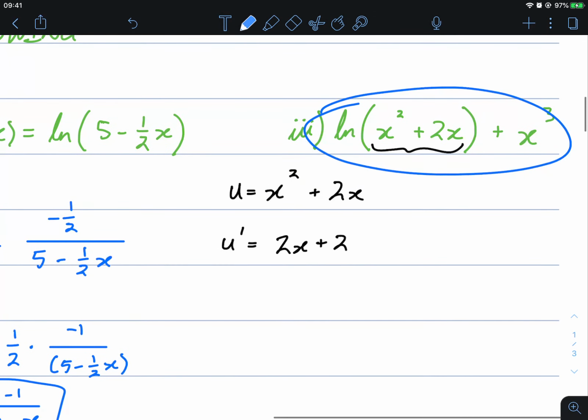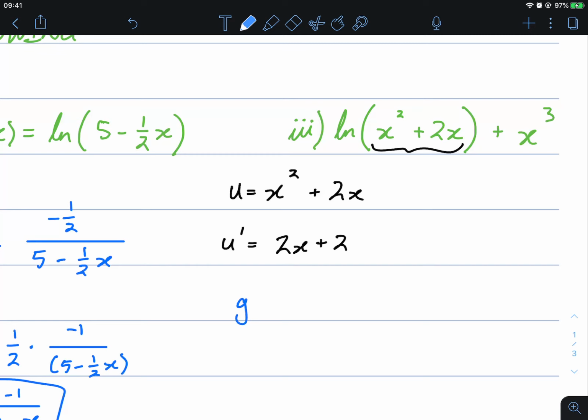Now the derivative of this, let's label it g prime of x, is the derivative of this first one. That's 2x plus 2 over u, which is x squared plus 2x.